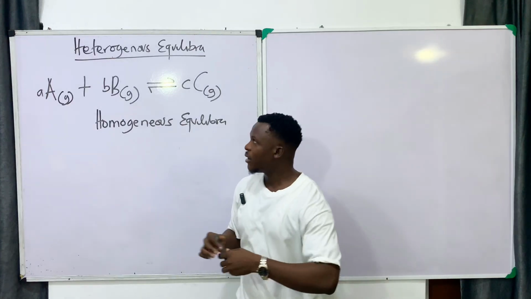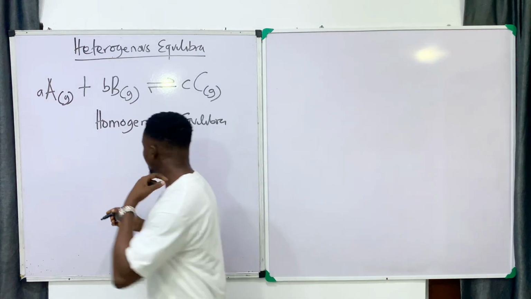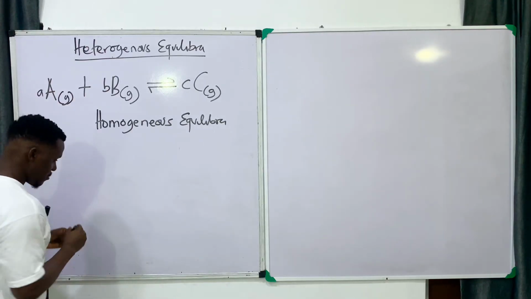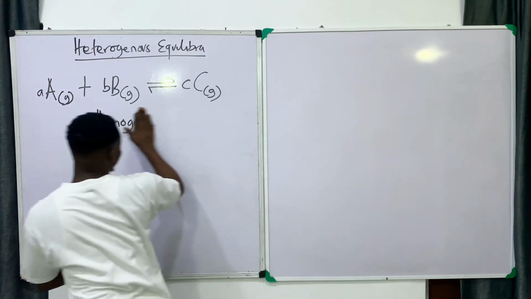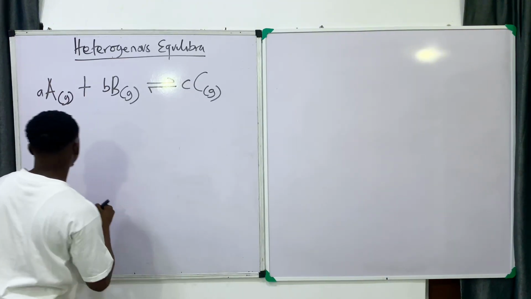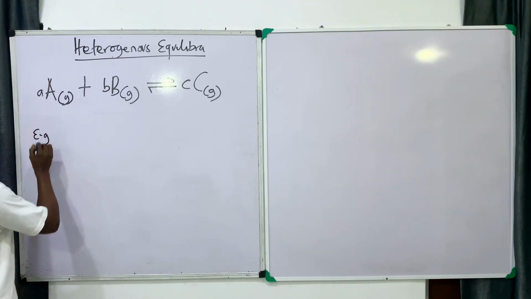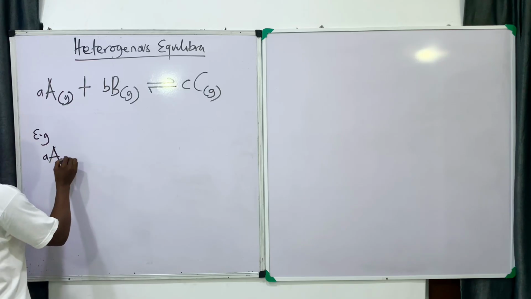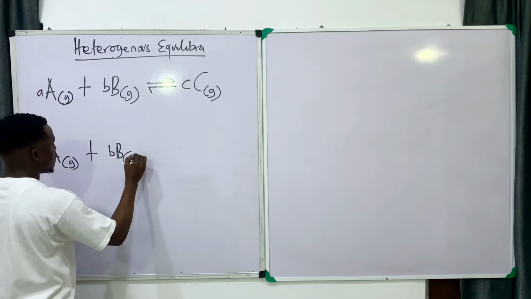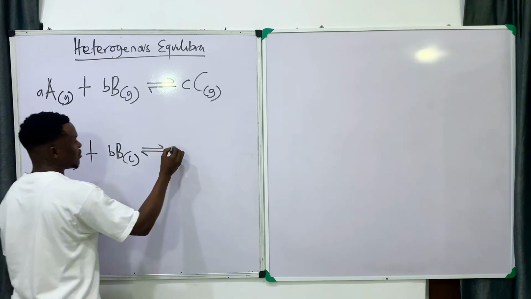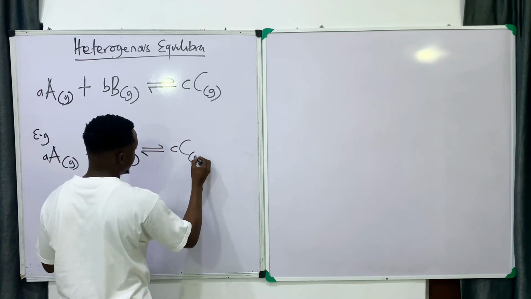All right. Now, heterogeneous. So if I have something like this, let's say, for example, I have A gas plus B liquid gives C solid.